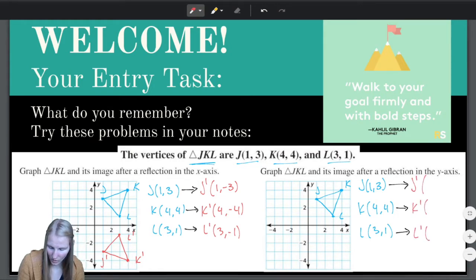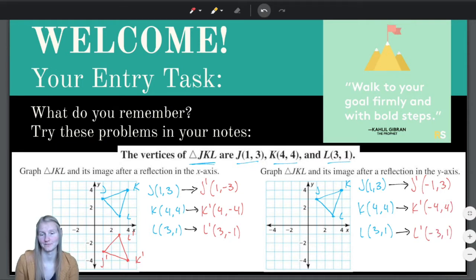The way that we're going to do this, if I'm reflecting over the y-axis, it means that I'm making my x values negative. -1, 3, -4, 4, -3, 1. And let's graph these points in the plane.